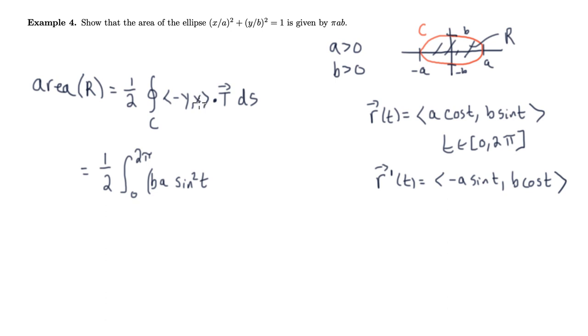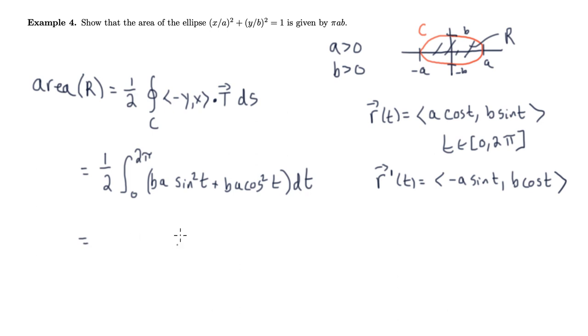And then we have x, which is a cosine t, dot with, well, the derivative of y, so y prime of t, which is b cosine t. So we get plus b a cosine squared t.